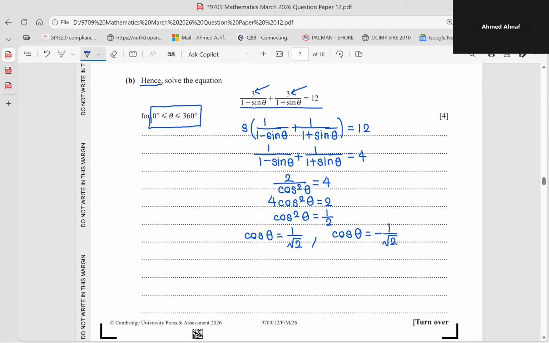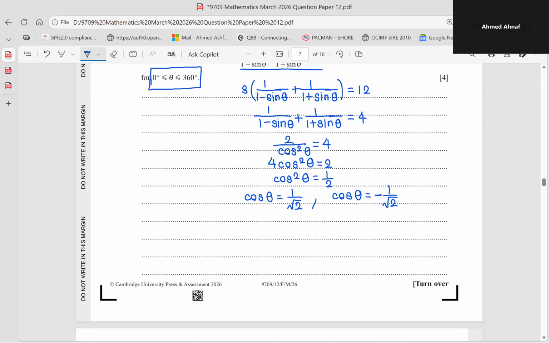Now here comes the solving part, finding theta. To find theta, we have to use the unit circle. Label your quadrants with the letters. The first quadrant between 0 degrees and 90 degrees is A, the second is S, the third is T, and the last is C. The letters represent which trig functions are positive. In the first quadrant, all the trig functions are positive.